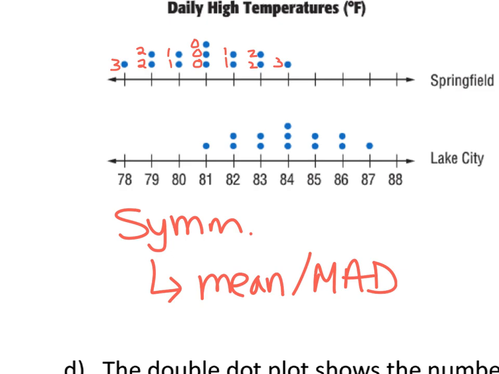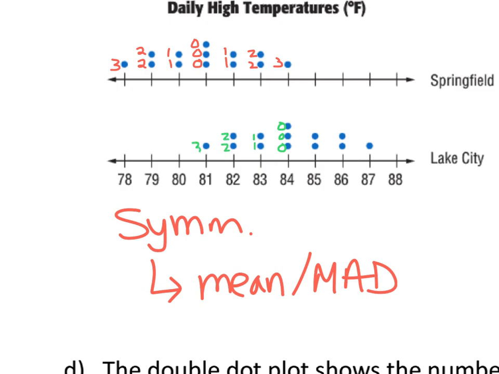Before I continue, I'm going to do the same process on Lake City. So again, our mean for this one is 84. So I'm going to give this all zeros. 83 is 1 spot away from 84. 82 is 2 spaces away.